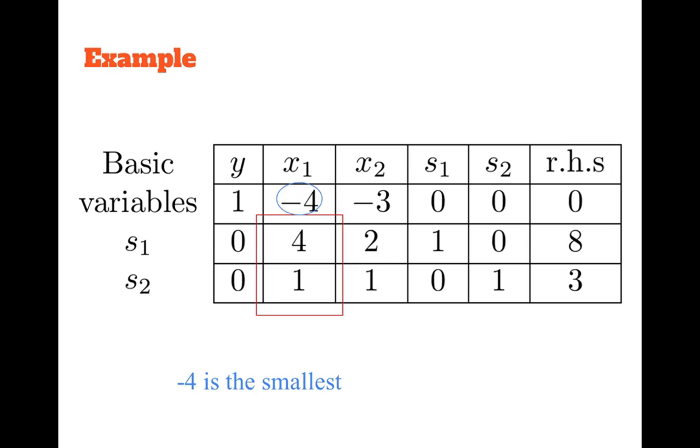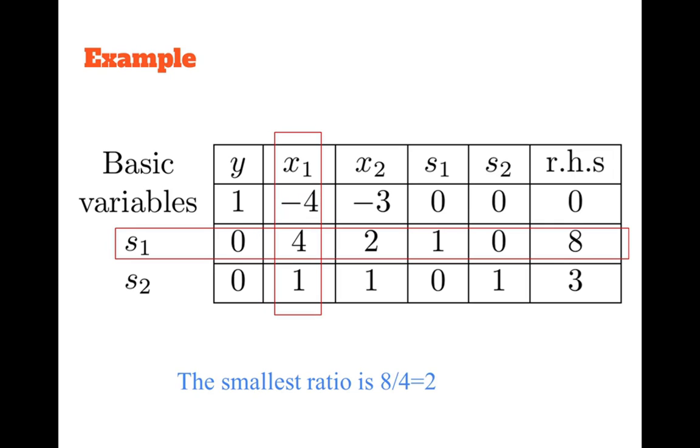However, because 4 and 1 are both positive, both s1 and s2 could be leaving variables. In this step, we only select s1 as the leaving variable because the ratio 8 to 4 is the smaller among the ratios 8 to 4 and 3 to 1.